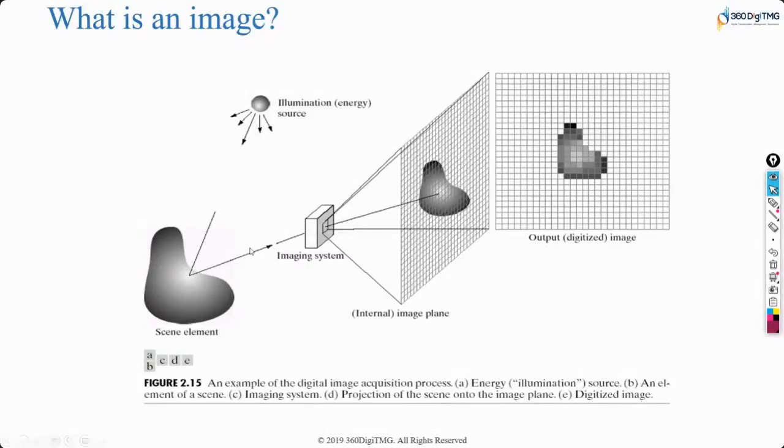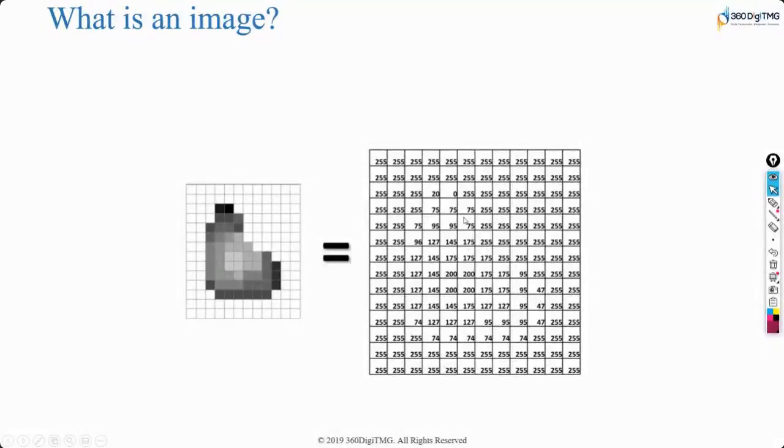What do you mean by image? Anything on which light or some kind of energy falls would reflect something else, and because of that, you're able to see the image. The image that you have is broken down into pixels.